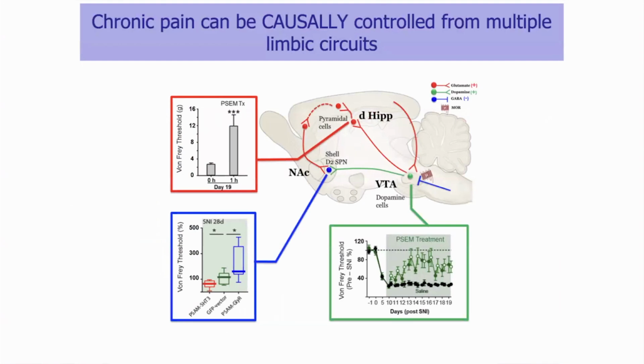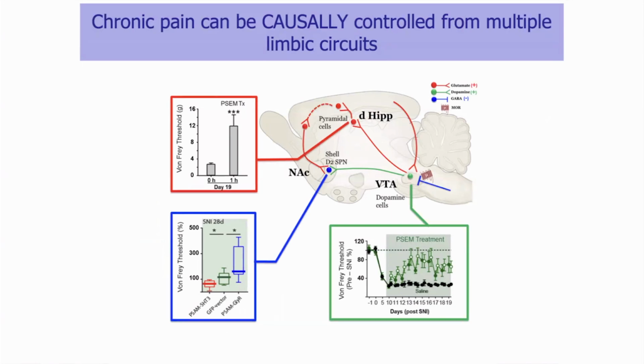But just to keep things more clear, I want to also emphasize that we can do similar, this was neurons within nucleus accumbens. We can do similar manipulations in multiple areas within the limbic system. And each one of them, or all of them in a sense, show different ways of manipulating the neuropathic pain. So we don't think there's a specific center.